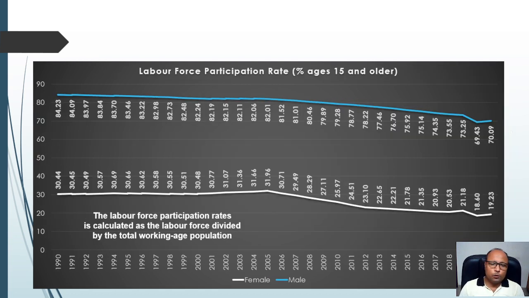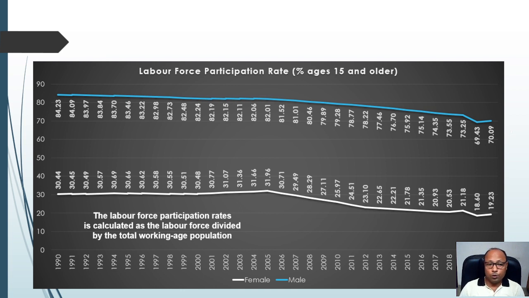If you look at labor force participation, it is nothing but the part of the labor force among people who are age 15 and above. It means, of the population in the age group of 15 and above, how many of them are part of the labor force?